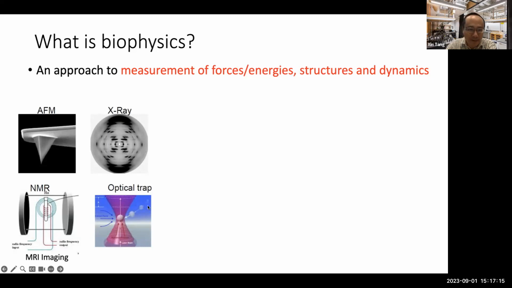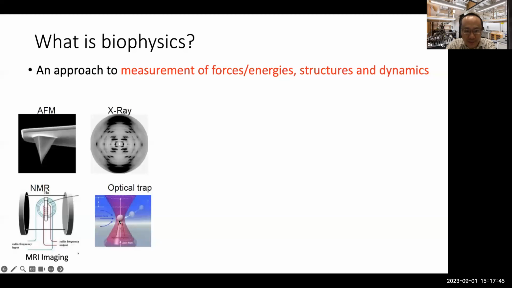Number 4 is the optical trap. This is a very delicate method. It's actually complementary to the atomic force microscope. It also can directly apply force to the molecule and to the cell, but at a smaller range compared to the AFM.